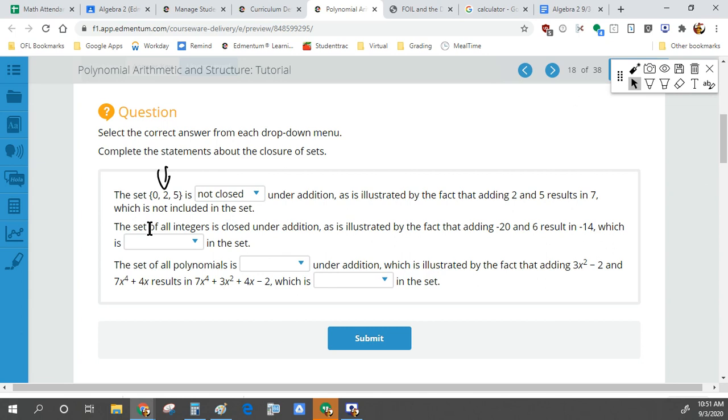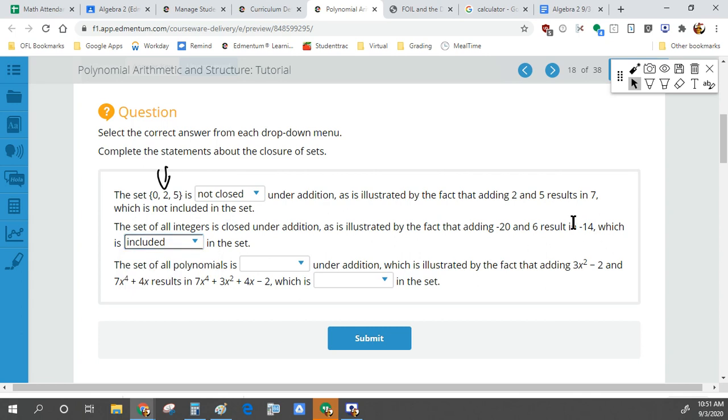If we're talking about integers, all integers are closed under addition. So if I add negative 20 and 6, is negative 14 an integer? Now we're talking about integers. We're not just talking about these 3 numbers. These 3 numbers aren't closed. If I add them together, I won't get the 3 numbers. But integers, yeah, these are closed.